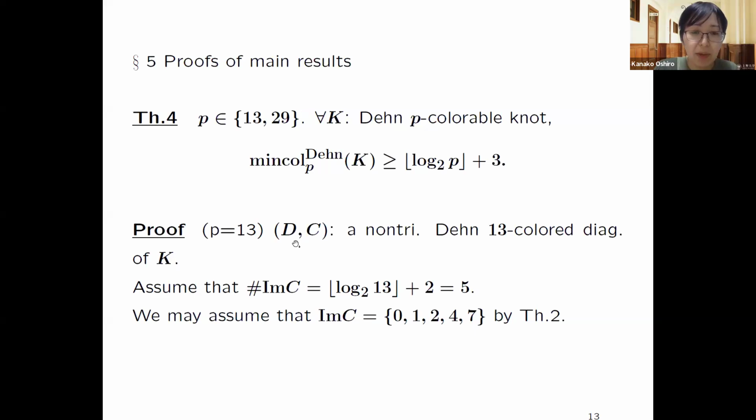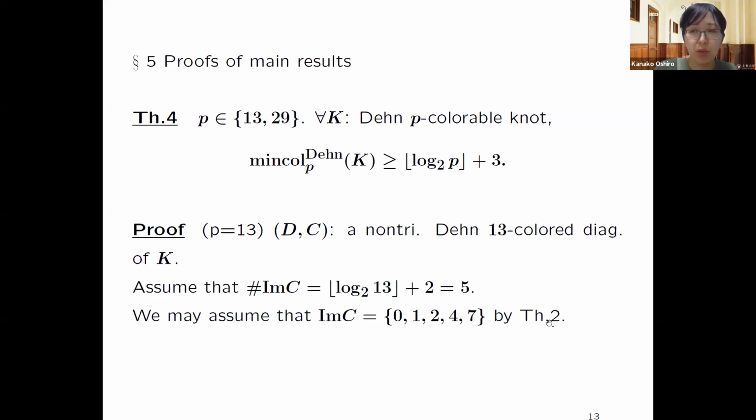Let D_C be a non-trivial DMP 13-colored diagram of K. Assume that the number of colors used for this colored diagram is equal to the floor of log base 2 of 13, plus 2, which is equal to 5.